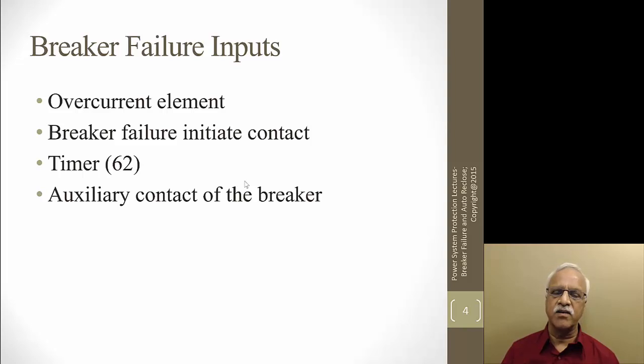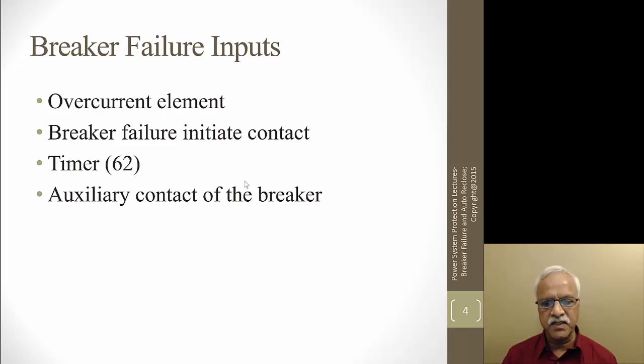Suppose it is a 3-cycle breaker, we give 3 cycles plus some margin. It could be 7 or 6, or it could be higher. If the breaker current does not go to 0 within this time, then we take corrective action to open all the breakers.